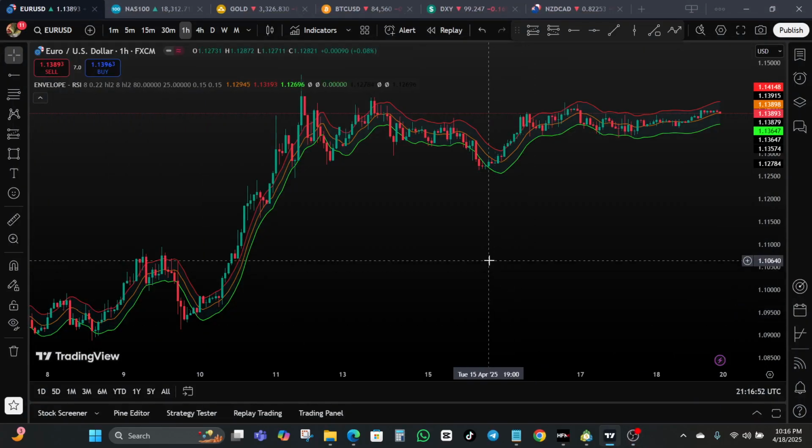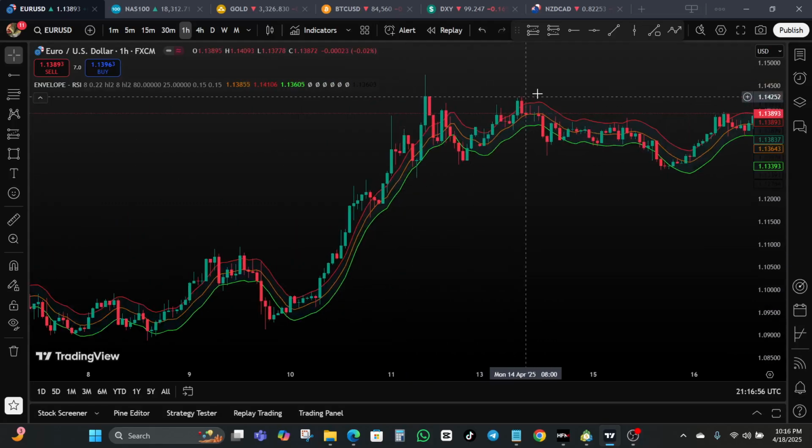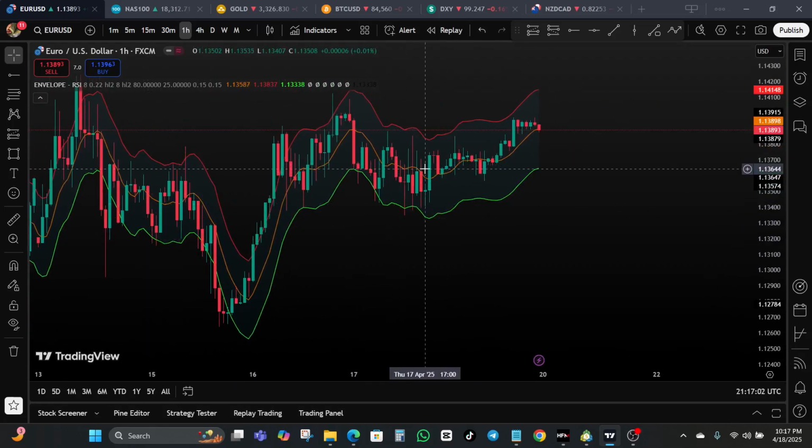Basically when the price is moving within the envelope RSI, then you know that it's a consolidating market, like what we see happening here.